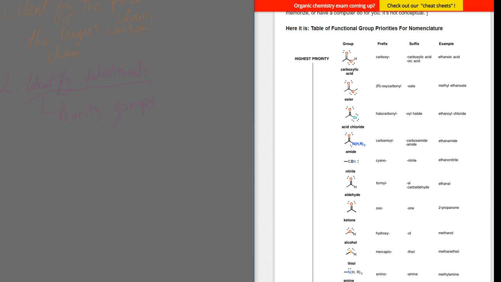So I have something that looks kind of weird for these substituents.